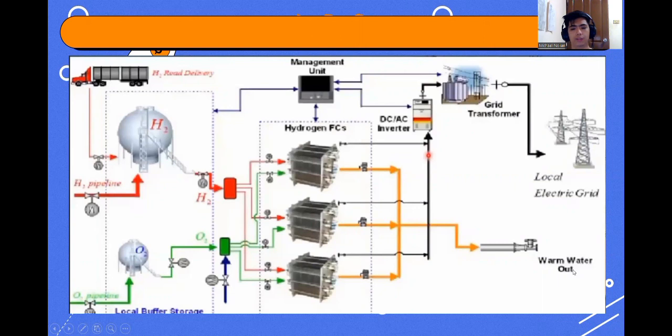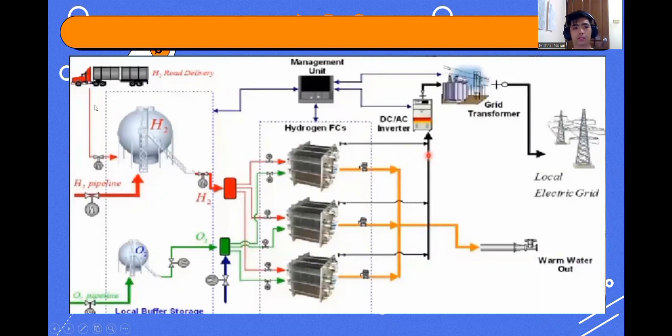Here we can see yung water vapor. Pero dito naman kailangan din ng DC to AC inverter kasi itong process na to will make a DC current na kailangan natin palitan to AC para magamit, which leads to grid transformer o substation. Ito sa local grid. Okay, next.